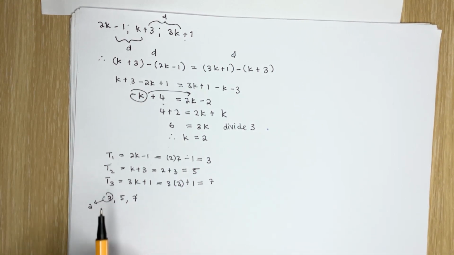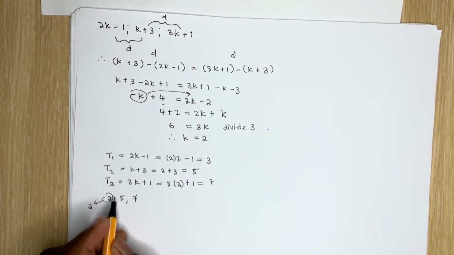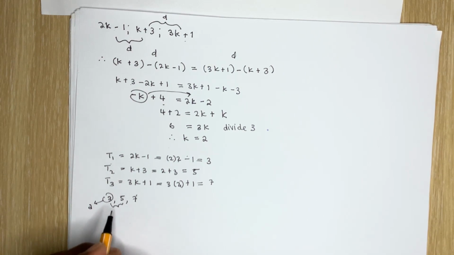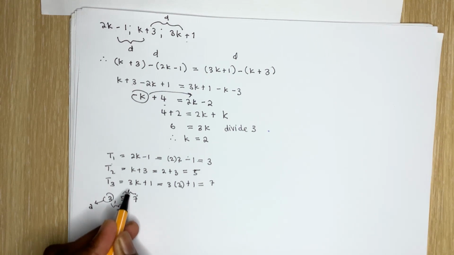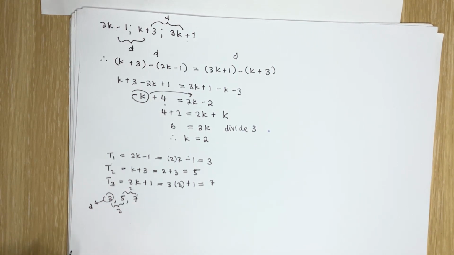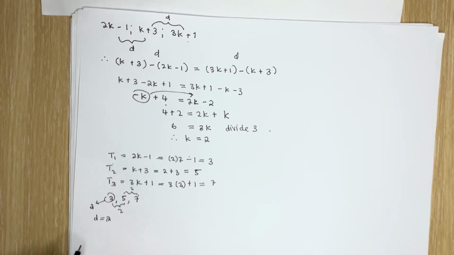But you can also check it out from this sequence by then subtracting the two consecutive terms. So 5 minus 3 equals to 2, then 7 minus 5 equals to 2. As you can see, the value of d equals to 2.